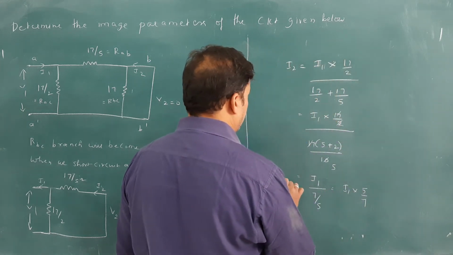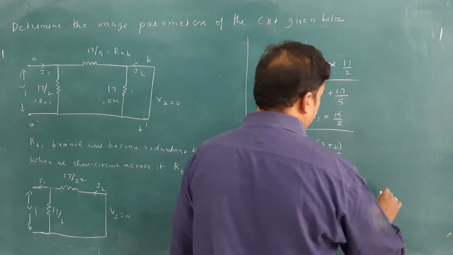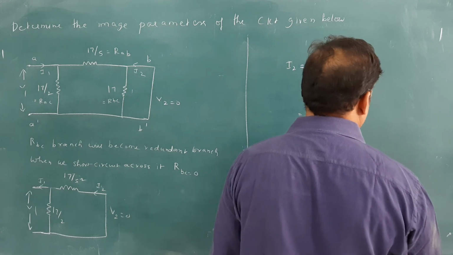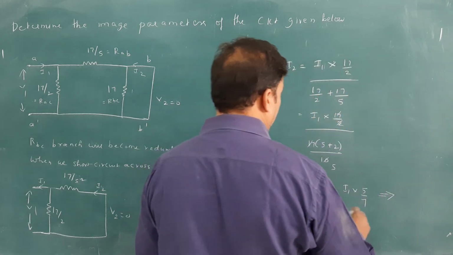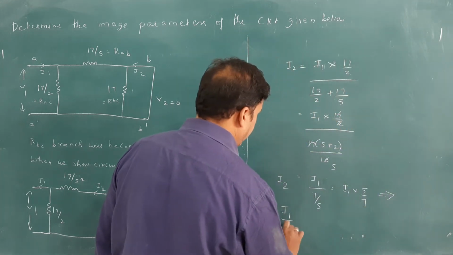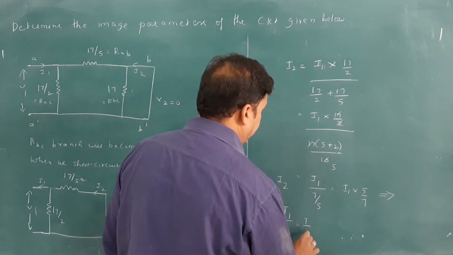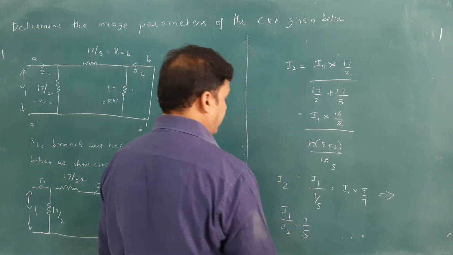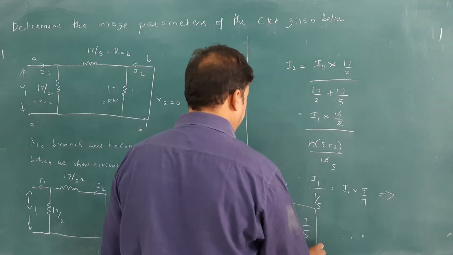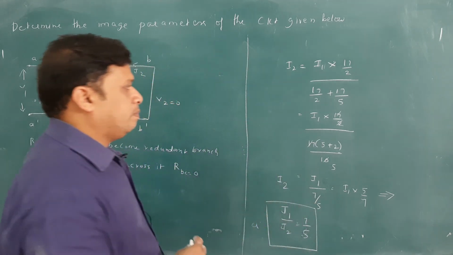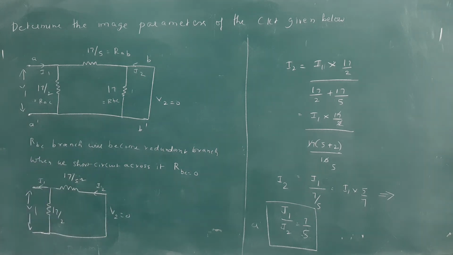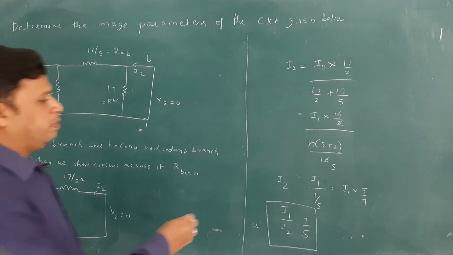I2 is equal to I1 into 5 by 7, implies I1 by I2 is equal to 7 by 5. As we have got I1 by I2 is equal to 7 by 5 here.